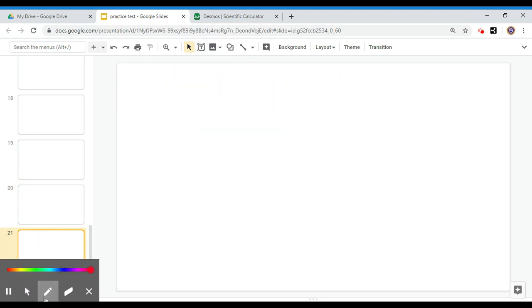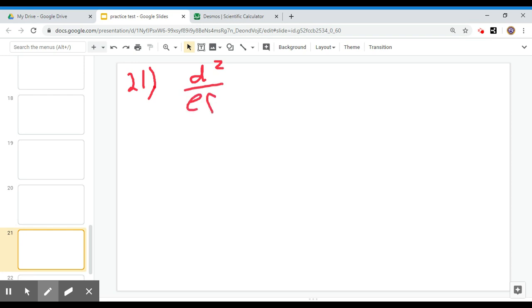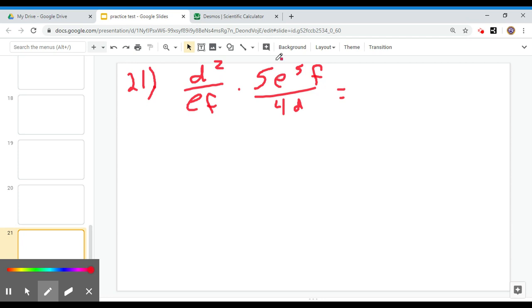All right, so for 21, we've got another one of these with a bunch of monomials, so a bunch of letters. So d squared over ef times 5e to the 5th times f over 4 times d. So step 1 is to multiply. So when I'm multiplying these, I want to put my coefficient first.